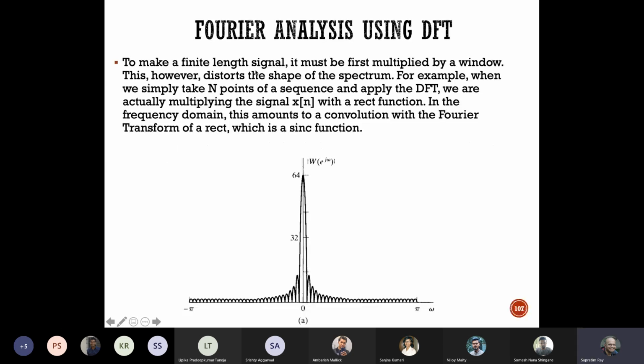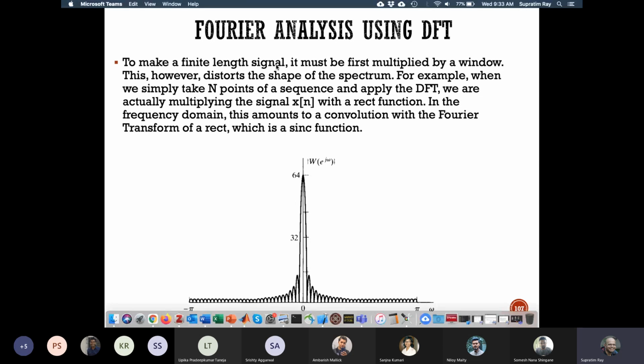To make a finite length signal, you can think that I am actually having an infinitely long signal, but I am multiplying it with a rect function, which takes a value of 1 between 0 and N and is 0 everywhere else.